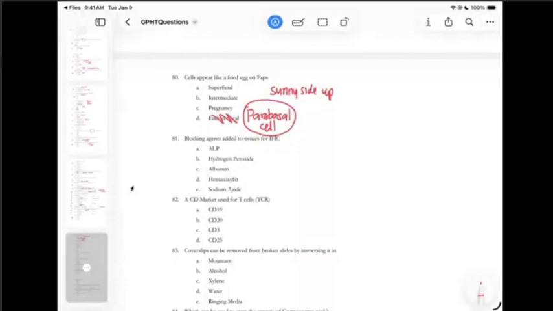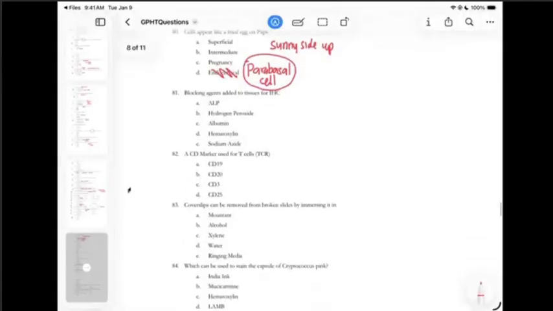So for number 80. For 81, so blocking agents added to tissues for immunohistochem. So blocking agents are added so to prevent non-specific binding to the other epitopes. So you have to take note, yung ating tissues, meron yung different binding sites for the antigen.